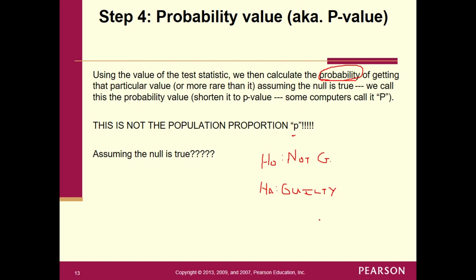You're supposed to assume that the person is not guilty. You actually assume that the null hypothesis is temporarily true. You're not saying it's absolutely true.